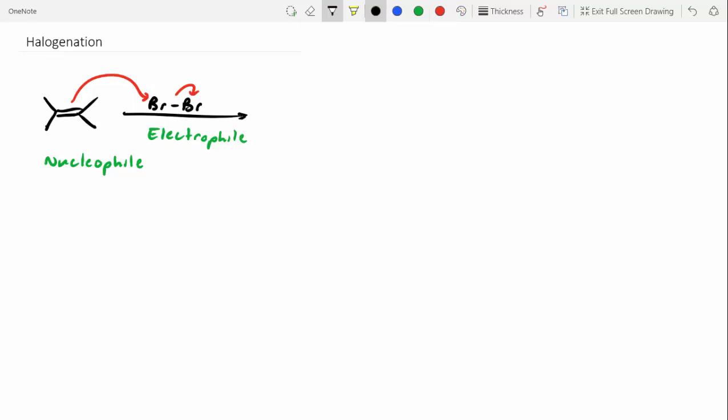The product for this reaction, again, involves a three-membered ring. And this bromine now has a positive charge. And we end up with Br minus. This is called a bromonium ion.